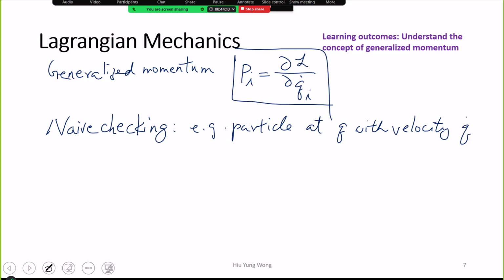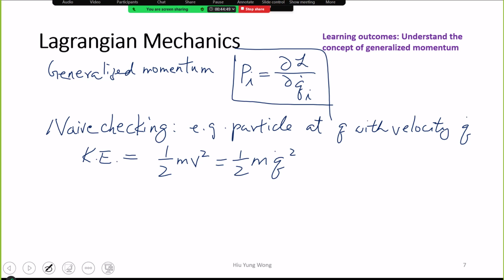What is the kinetic energy of this particle based on your Newtonian mechanics, or what you learned earlier? It's 1/2 mv squared, and here our v is just q dot. So it's one half m q dot squared.